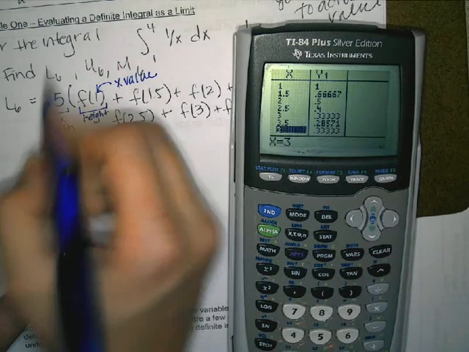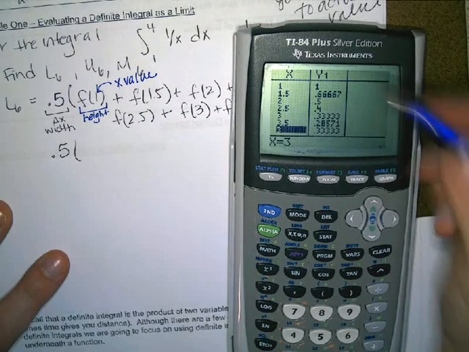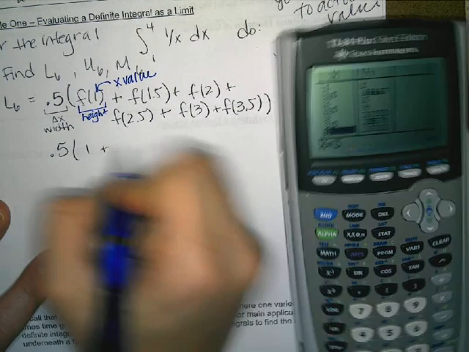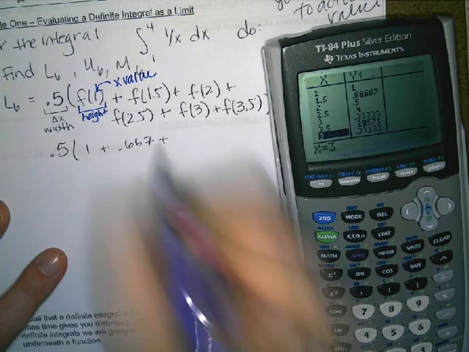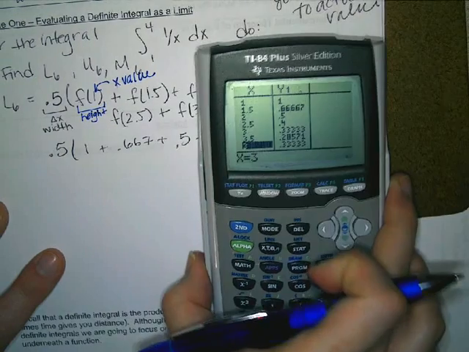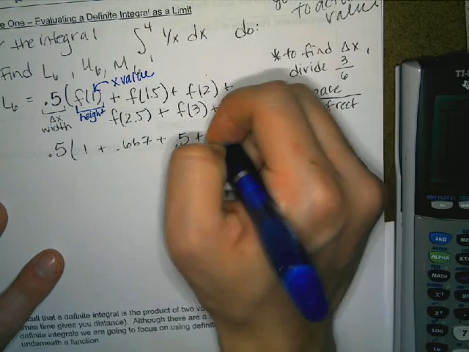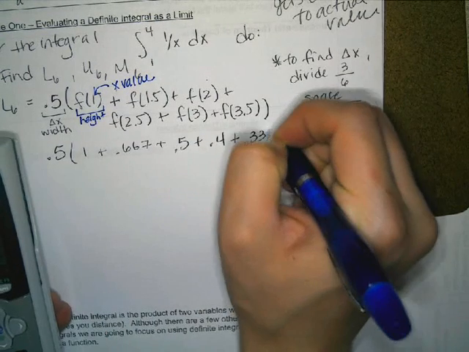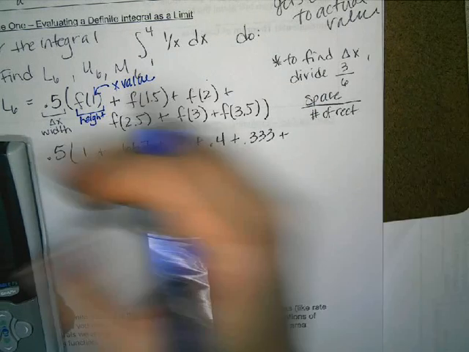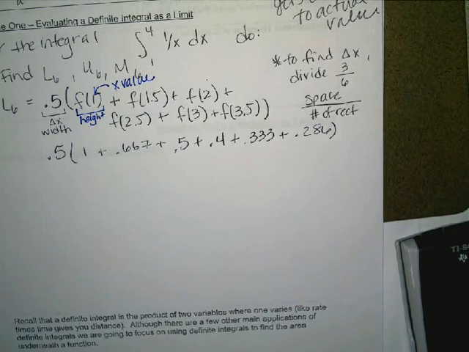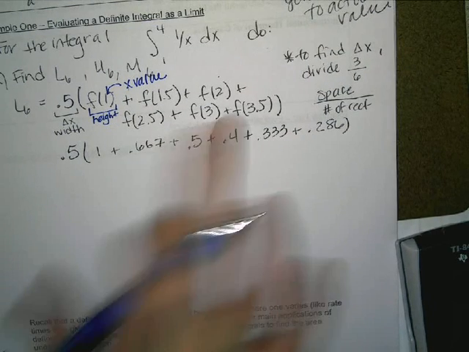So f of 1 is 1. f of 1.5 is 0.667. f of 2 is 0.5. f of 2.5 is 0.4. f of 3 is 0.333. And f of 3.5 ends up being 0.286. Okay, so these are just punching out the y values at those given x's.